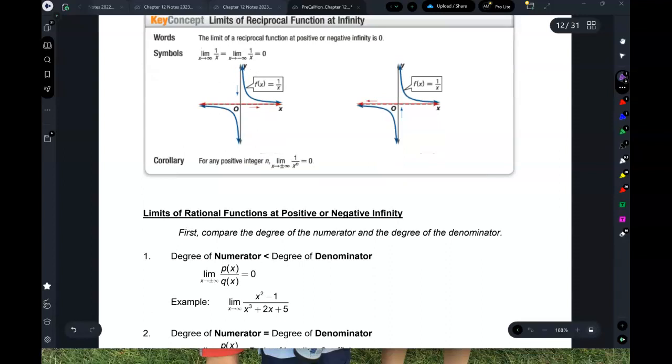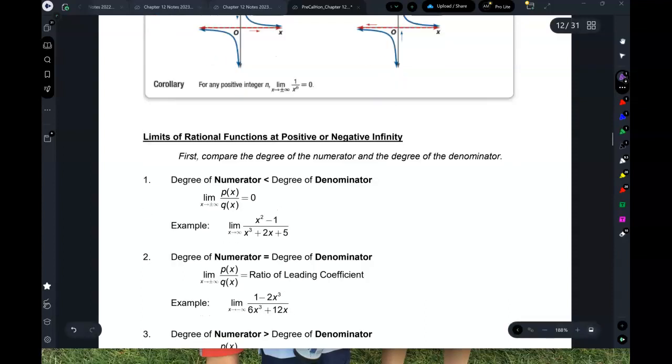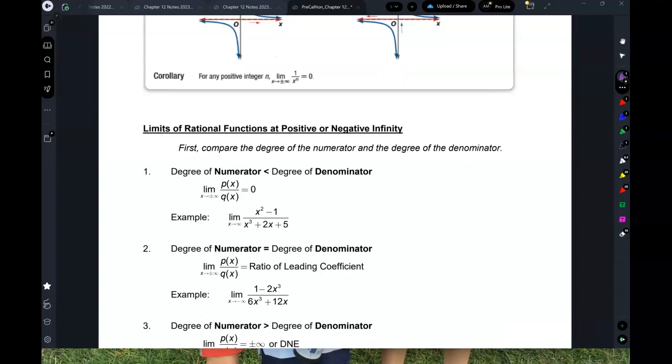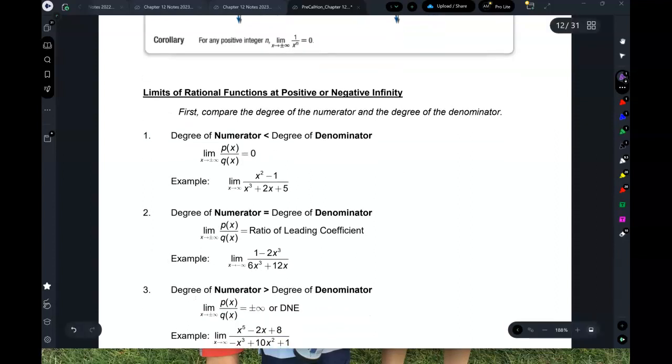At infinity, again, we have to look at the leading term, but this time we have a leading term in the numerator and a leading term in the denominator. We've done this a billion times, right? If the degree of the numerator is less than the degree of the denominator, then it will be 0, right? So for example, the limit as x approaches infinity of this.